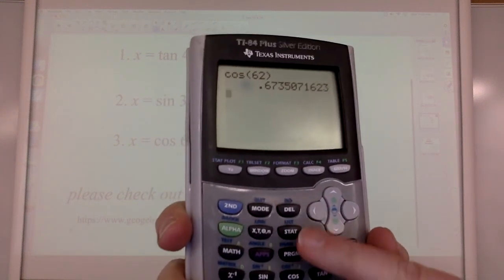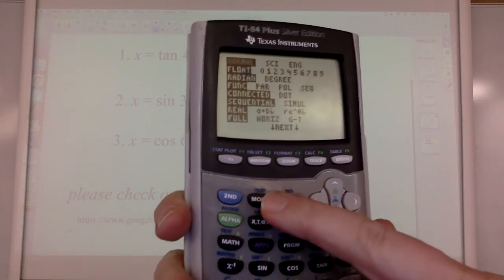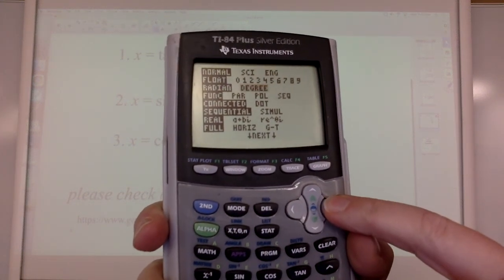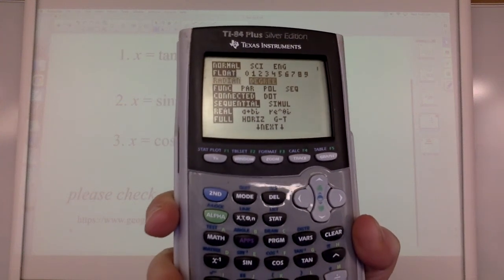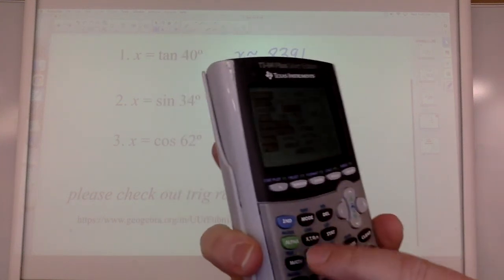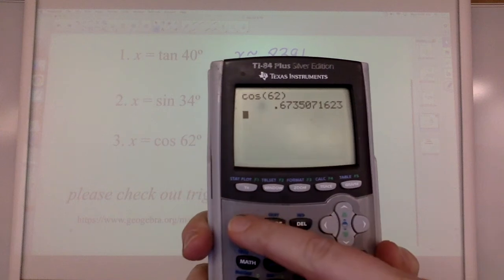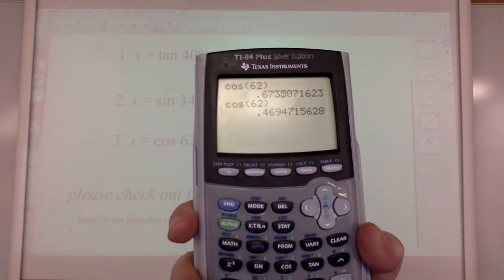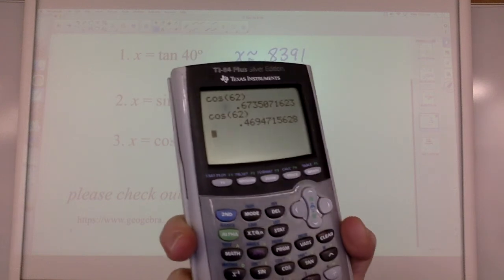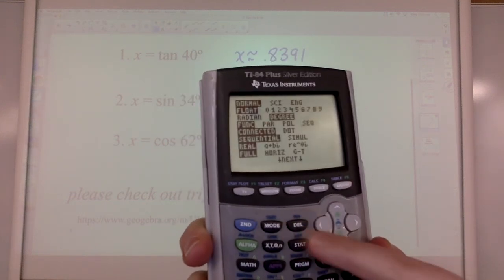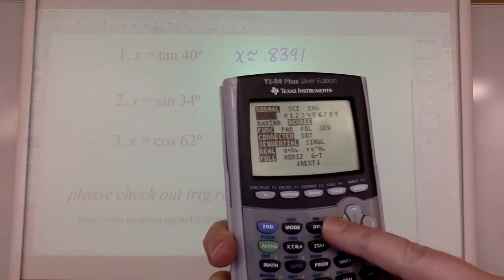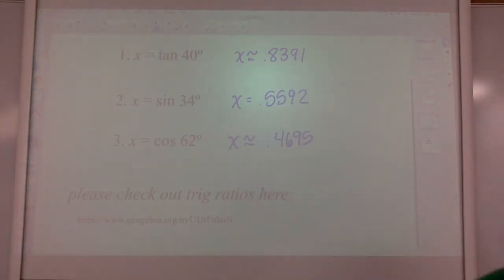That's because you're in the wrong mode. You have a mode button up here. You have to make sure you're in degrees mode by moving over and hitting enter, so that when you do that cosine of 62 in the correct mode, it'll give you the correct answer. And you can also float your decimal also. If you want it to only go to 4 places, you can do that. But make sure you're in the right mode before you start.